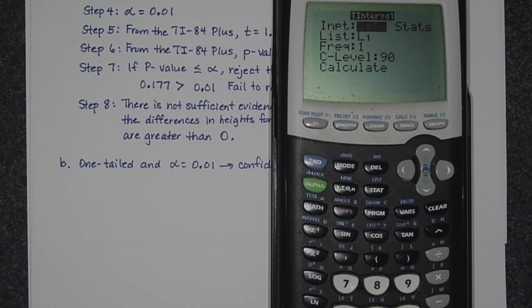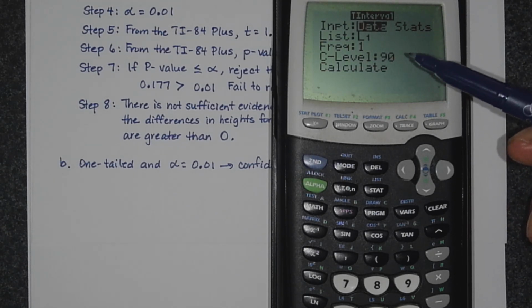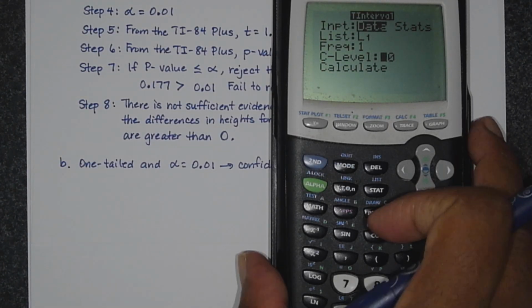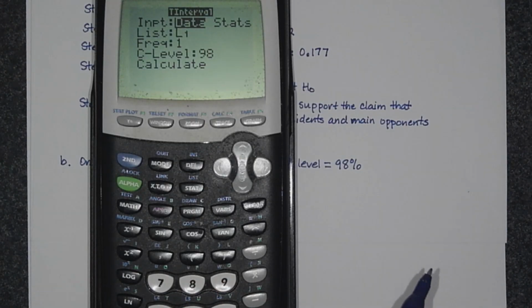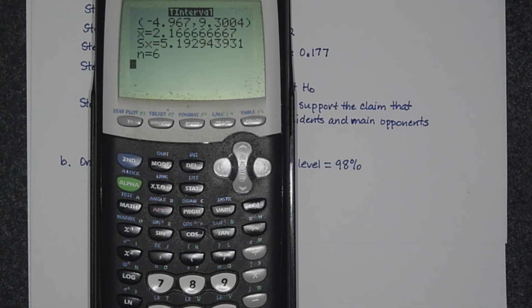The data still needs to be highlighted since we used data values. L1 should still be L1 on the list. Frequencies should still be 1. The confidence level, here we're using 98%, so we need to change this to 98%. Press enter, and then press enter again to calculate this.